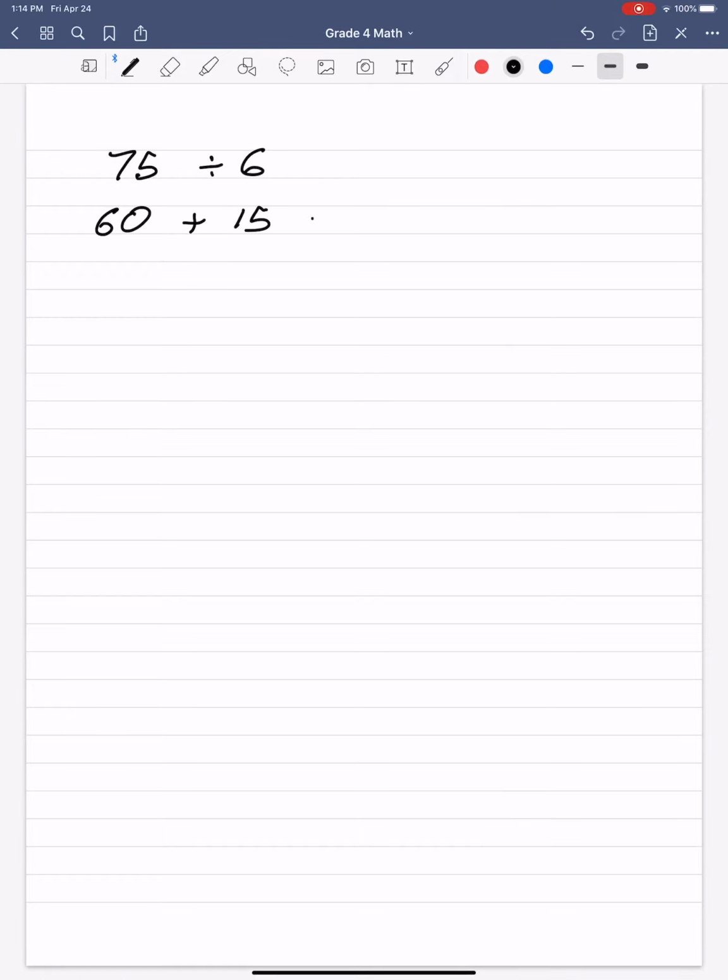That makes 75. All right, so I'm going to go 60 divided by 6 plus 15 divided by 6. So see, we took the first one that we have, and we're going to divide that by 6. And then the second number, and we're going to divide that by 6. And we'll add the answers together.